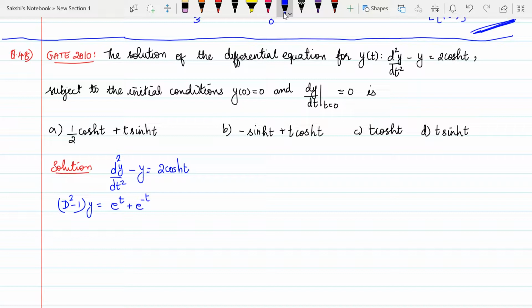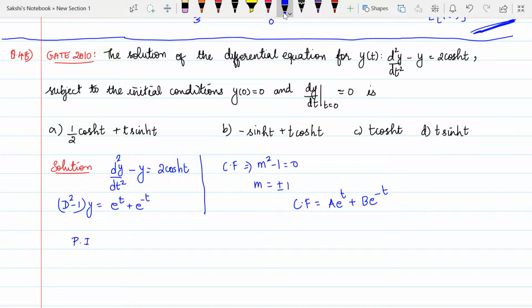So now I'm going to find my CF. CF: m square minus 1 is equal to 0. So m will be equal to plus or minus 1. So these are real and distinct values. Therefore, my complementary function will be CF is equal to a e power t plus b e power minus t. This is my complementary function value.